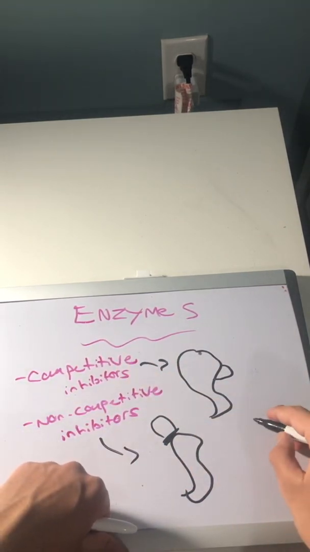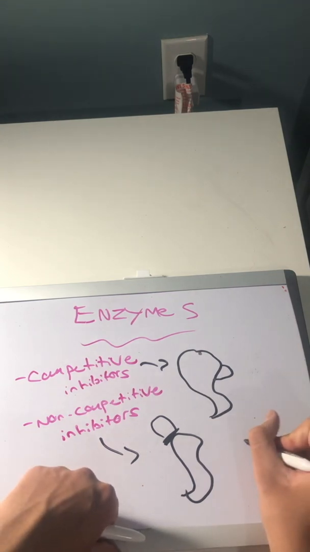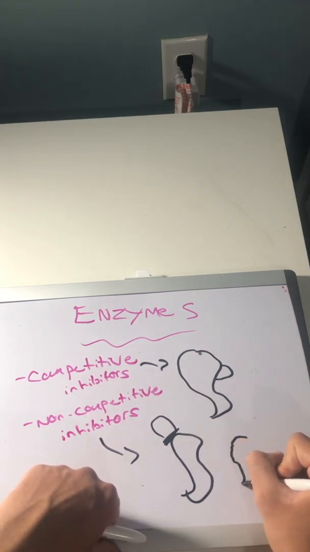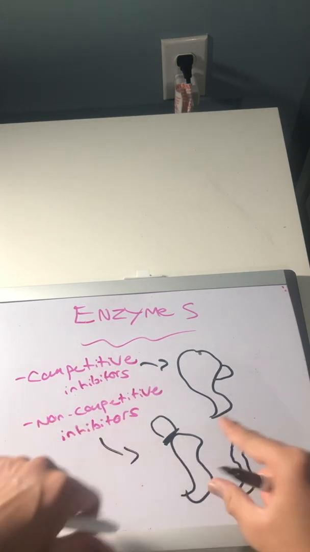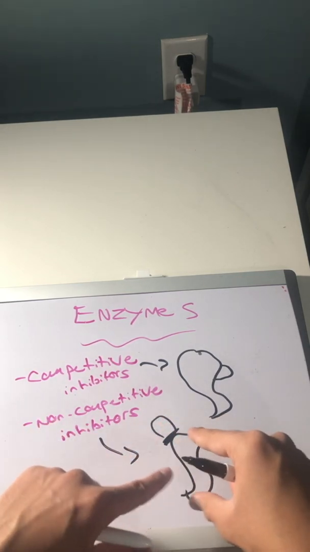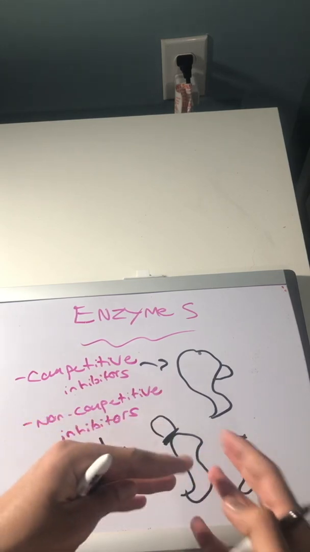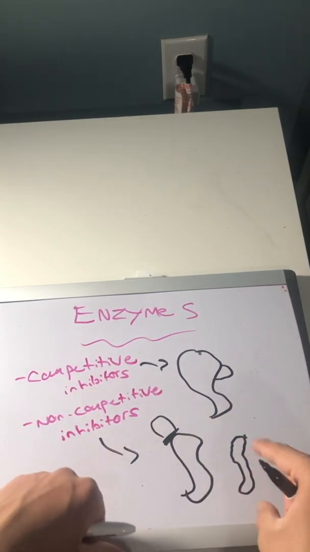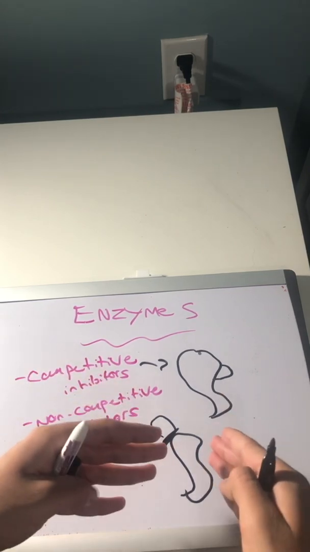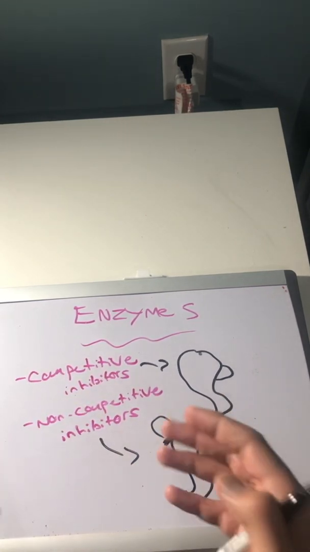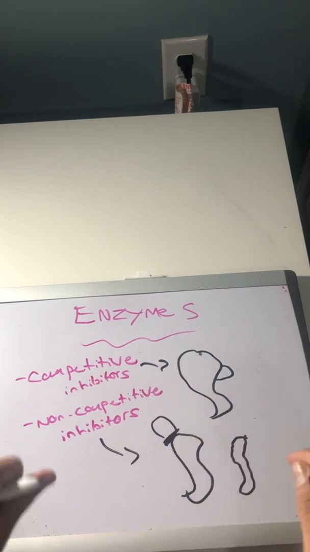For example, if this non-competitive inhibitor gets attached to this enzyme, it denatures the enzyme, which is really bad, and this substrate cannot connect with that active site anymore. It can happen for a good reason again, or a bad reason.